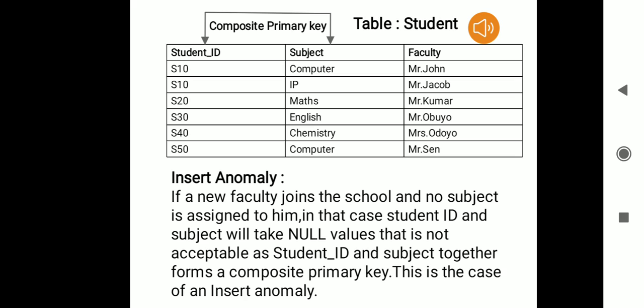In that case, the entries of the composite primary key attributes student ID and subject will be null for that particular faculty who has recently joined. As a primary key column does not allow null values, we cannot insert that record. And this is the case of an insert anomaly.